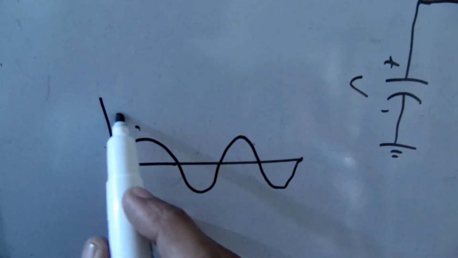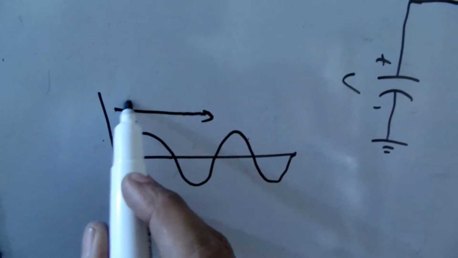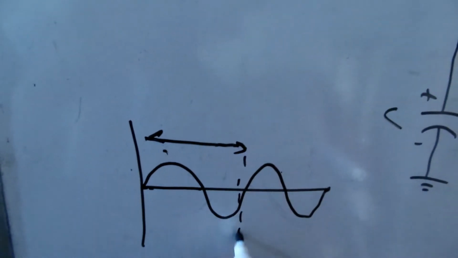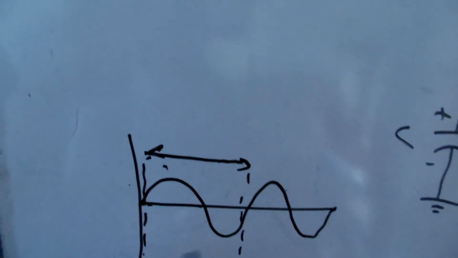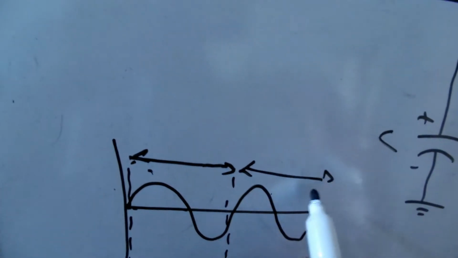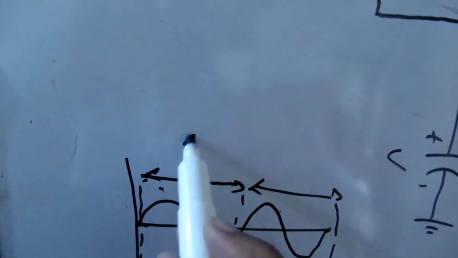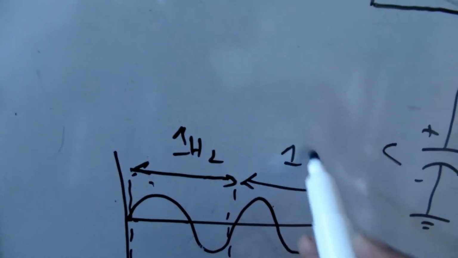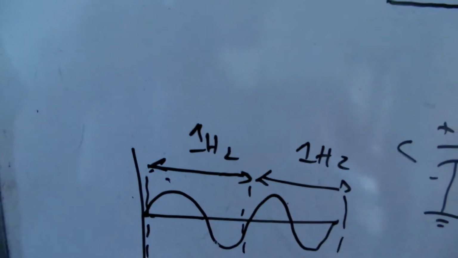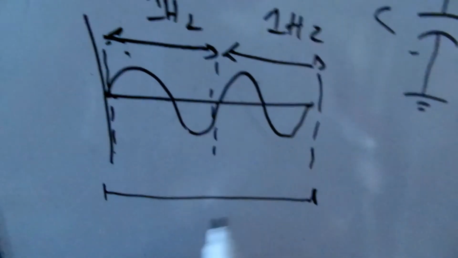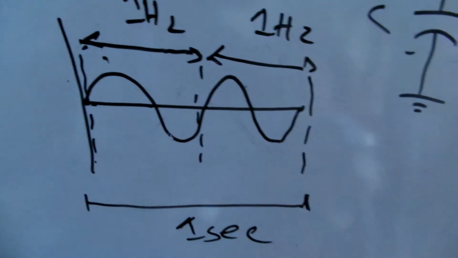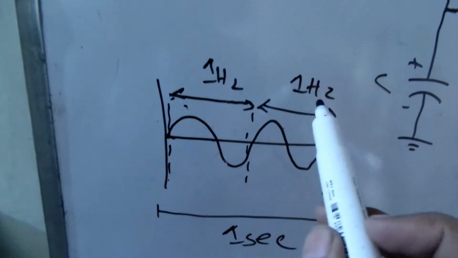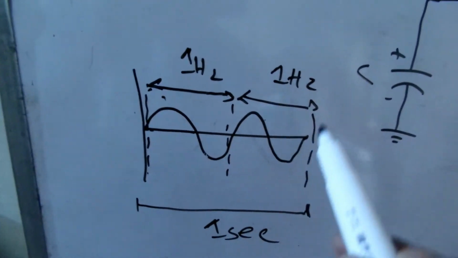Now from this point to that point, right over here and here and then here, we got 1 hertz and 1 hertz. Now the time period between these is 1 second. In 1 second we are having 2 cycles, right?